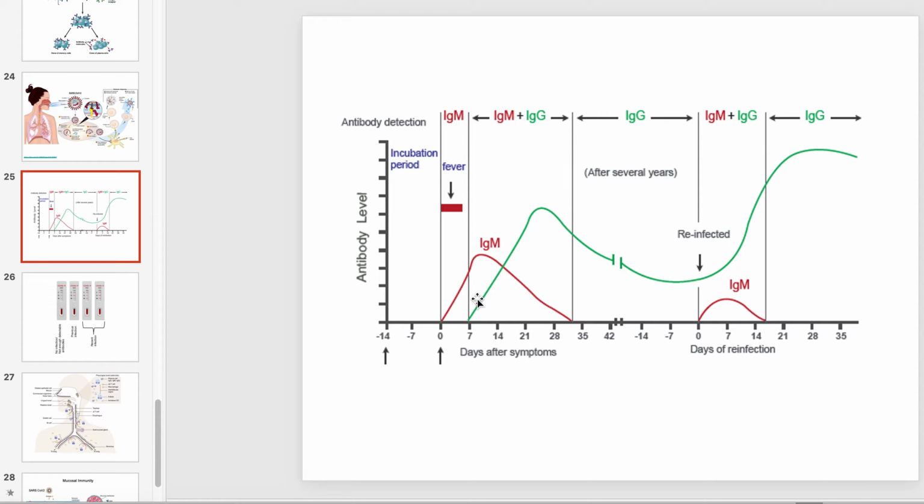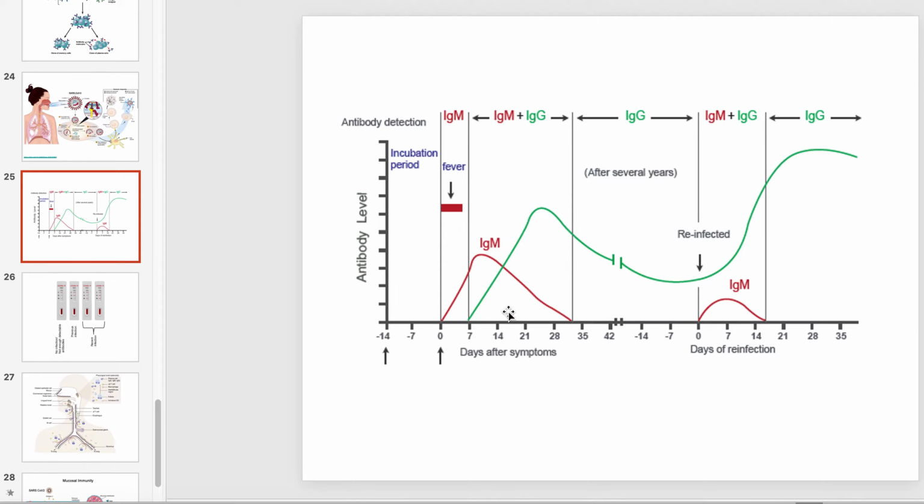Meanwhile, the more specific IgG antibody will start to be produced. And again, these numbers are not super specific for SARS-CoV-2. They're estimates. And so during a certain period of time, you'll have a bit of both IgM and IgG, and then eventually that will plateau and then start to drop off.